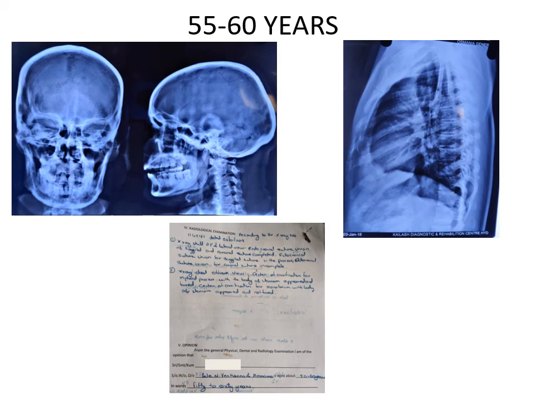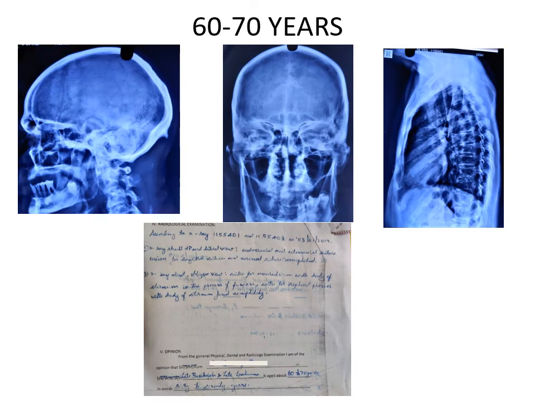Here there is no dip except for a slight one in the middle on top. The outer table is not fused, the inner table is totally, completely formed. This is at the age of 60 to 70. You can appreciate the sternum and the sutures.